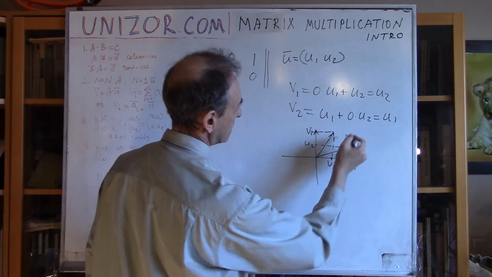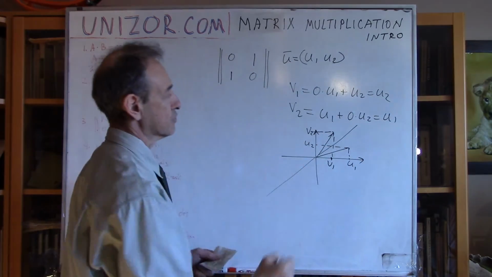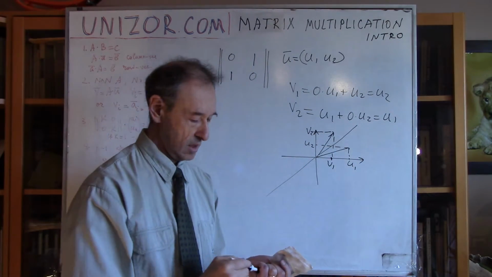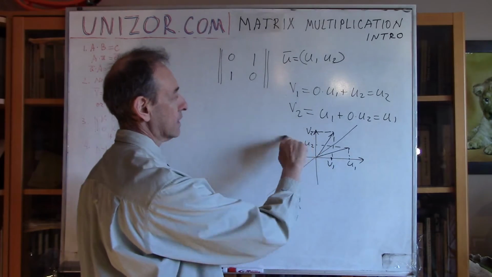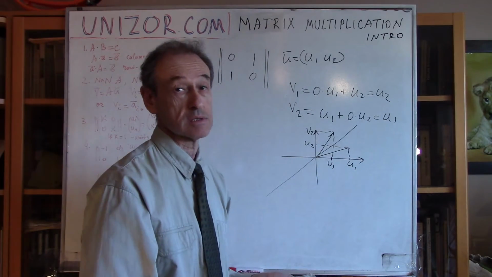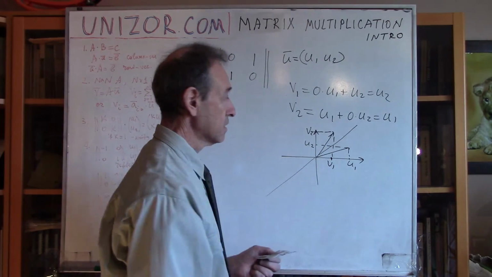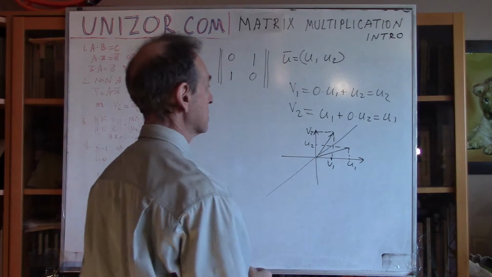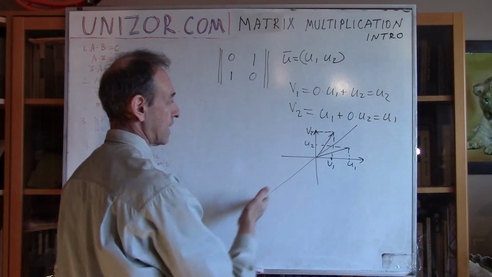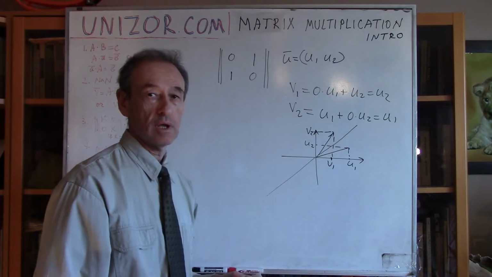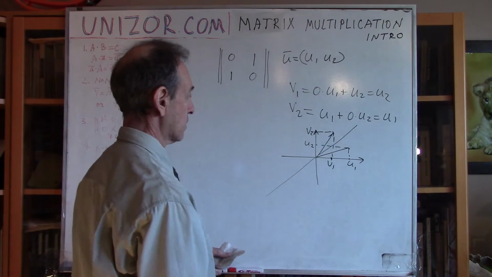Well, obviously these are symmetrical relative to the bisector of the angle. So we are changing x to y and y to x. We are exchanging the coordinates. And in the two-dimensional case, this is a symmetry reflection relative to the bisector of the main angle.